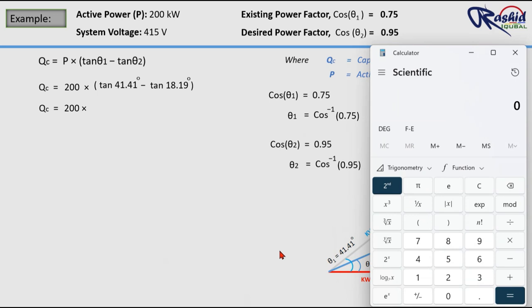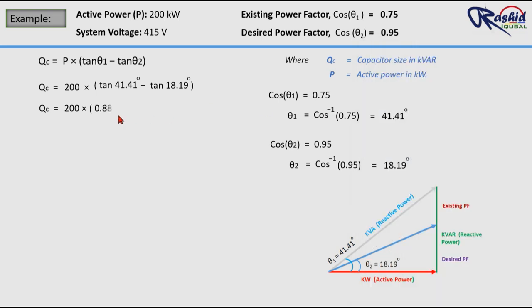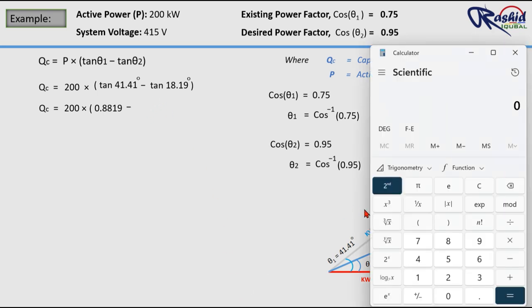Through this calculator, the value is 0.8819, minus tan 18.19 degree. Let me calculate again. The value is 0.3285. So we will write here.